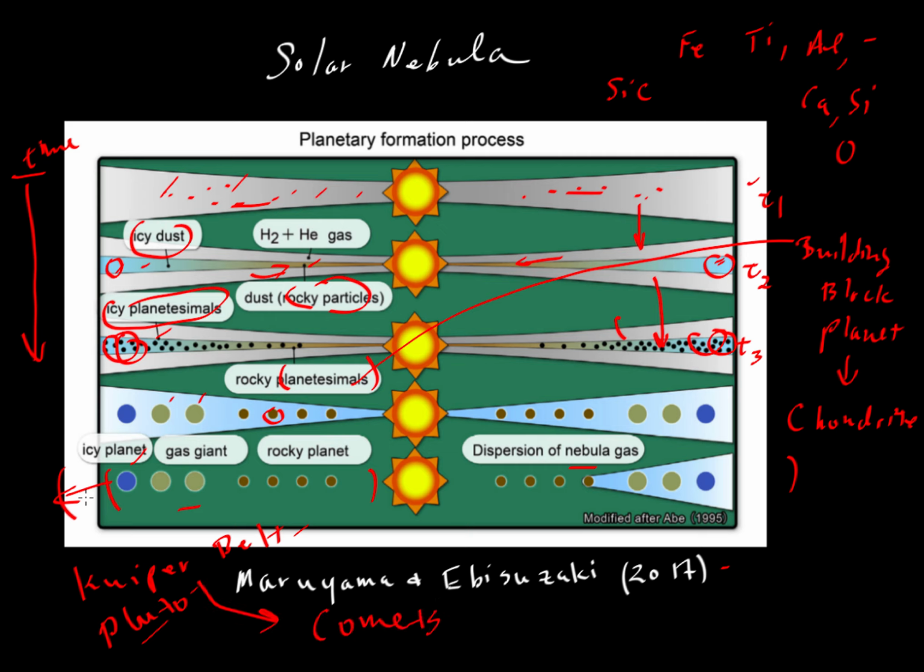So sometimes one of these little icy planetesimals or a small icy planet, we'll call a comet, its orbit will be perturbed, so it'll leave that outer part of the solar system and come very close to the sun, and then rocket its way back out to the Kuiper Belt. And when it makes this close pass to the sun and to Earth, then we see those in the form of comets. So this is the idea behind an early solar nebula that gave us the 8 planets plus Pluto and the Kuiper Belt and comets, etc.